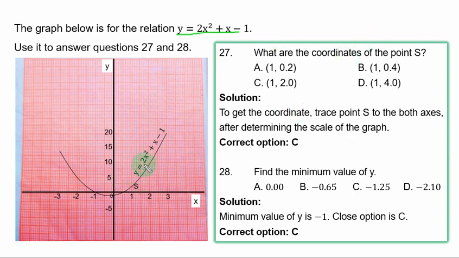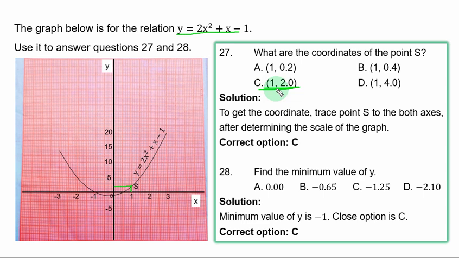So by the given options, we'll consider S from here. You trace to this point, that is 2, because 2 lines will give you 1, and you have 4 lines from the origin. So you have 2, and when you trace to the S-axis, you have 1. So when S is 1, y is equal to 2. That is option C.